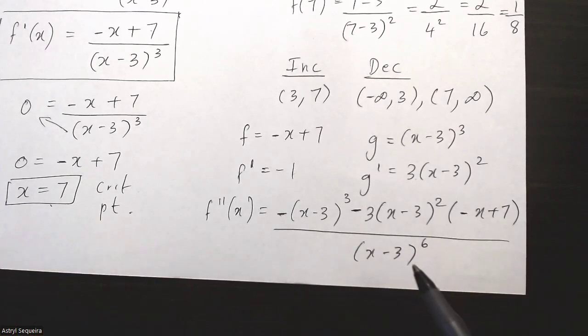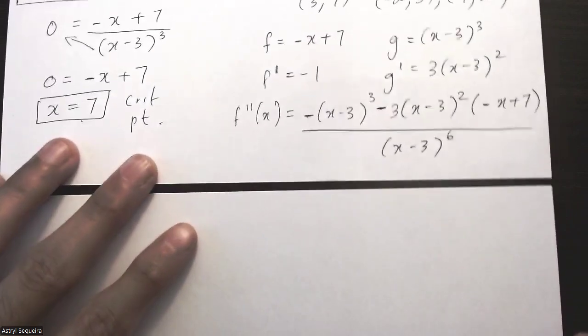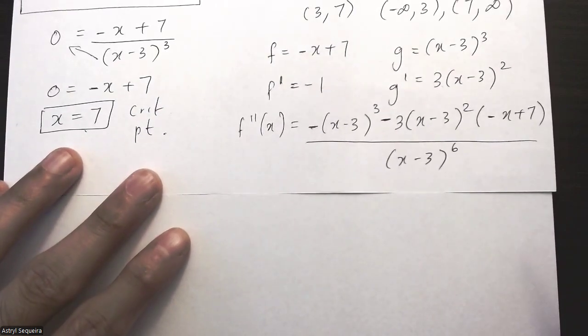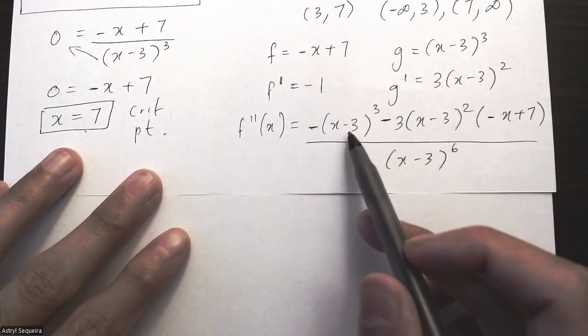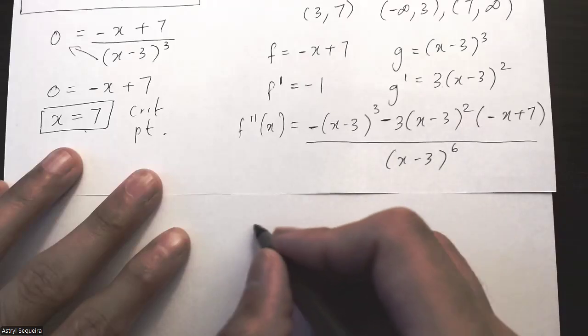Now we want to simplify this. So we want to common factor. I'll grab another sheet here because I'm out of space. So I can common factor out x minus 3 squared.